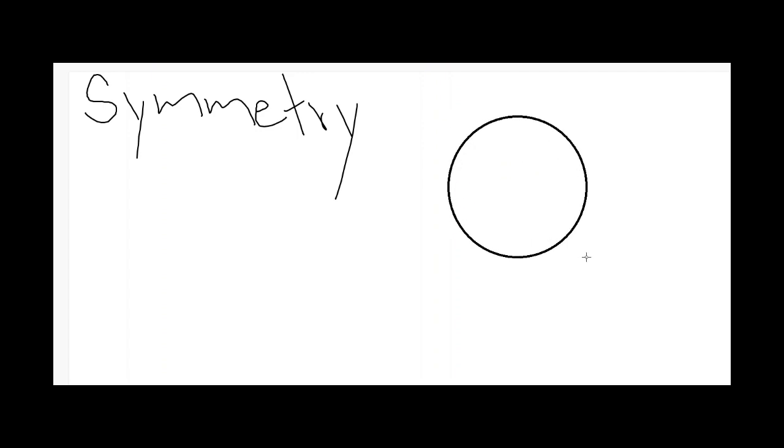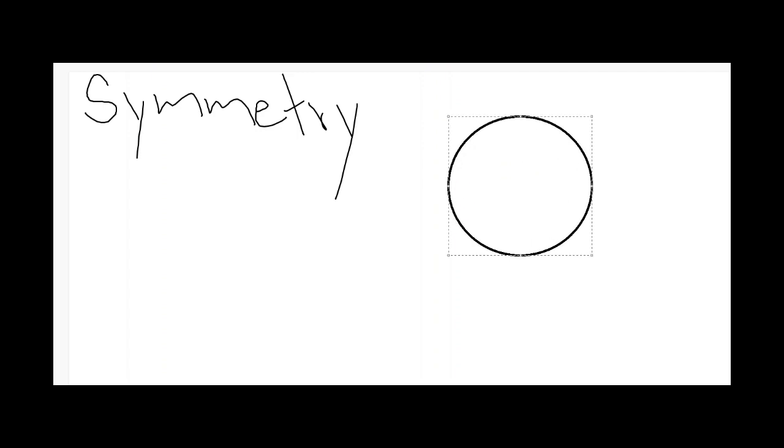One is symmetry. So when talking about functions, certain functions have symmetry. Even though some symmetry makes a function not a function. For example, if we look at a circle, it has symmetry all over.